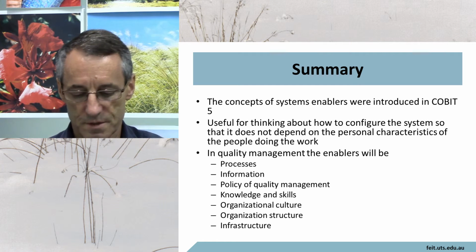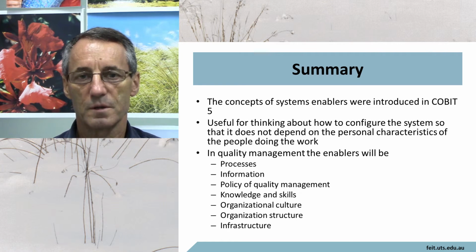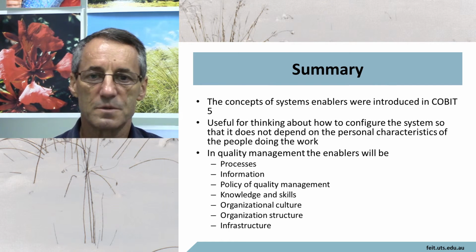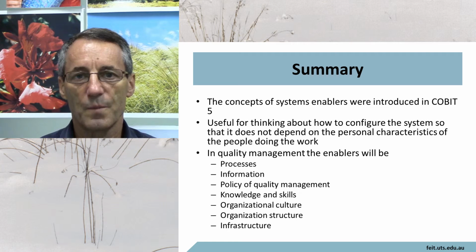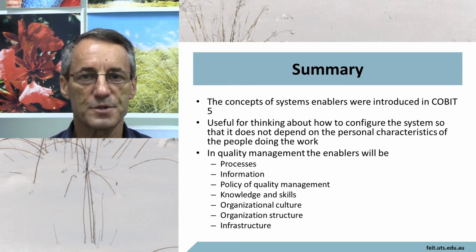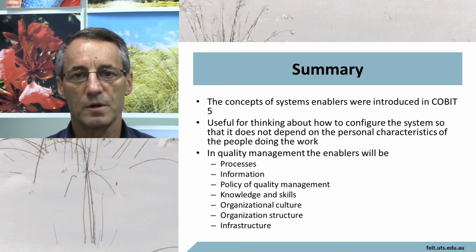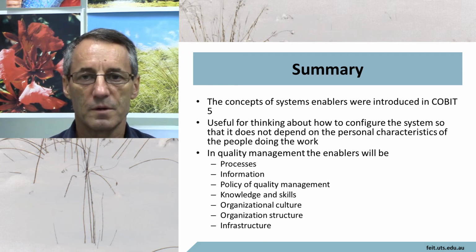It was or has been introduced most visibly in COBIT 5. It seems to be a very useful thing to think about, because it enables us to look at the operation of the system in the absence of people. Yes, you put the people in, they complete it, and they help. And yes, people can alter the way the system operates.